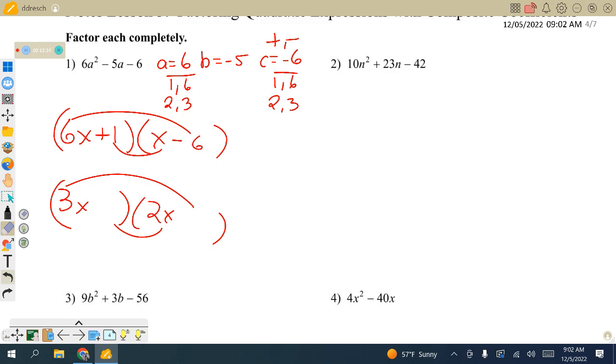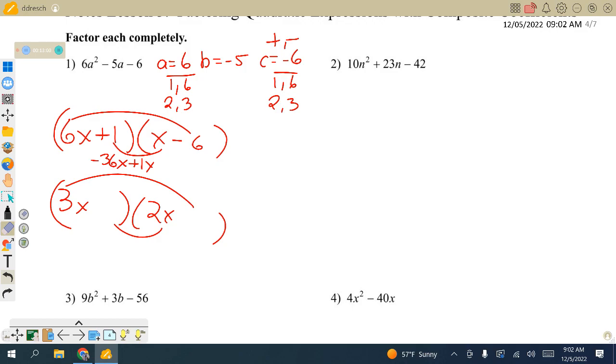Alright, let's check Caleb's suggestion here. 6x times -6 is -36, right? And then 1x is -35. It's not close. You can keep trying 6 and 1 all day. I don't think 6 and 1 is happening. I think it's happening on this pair, the 3x and 2x.